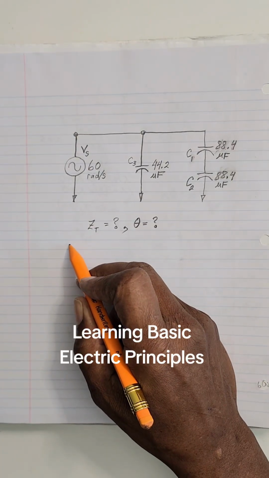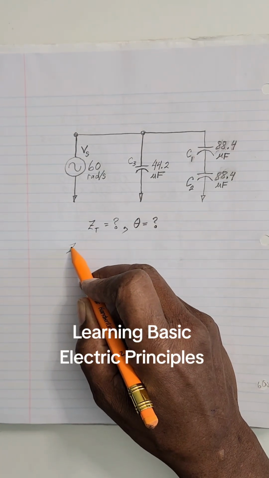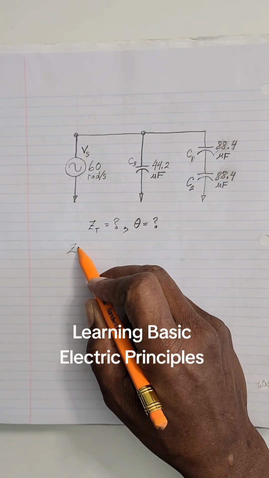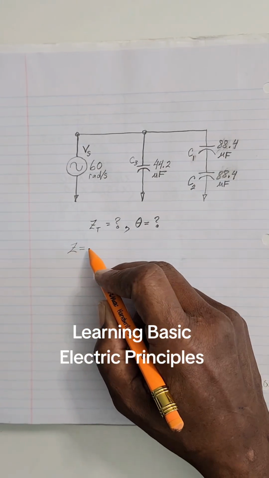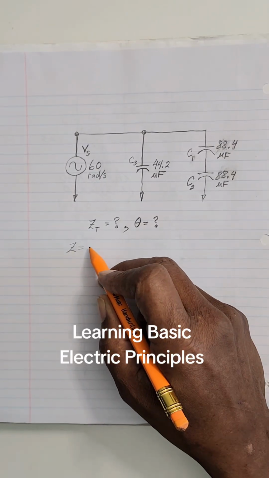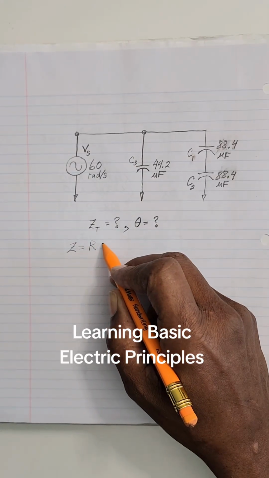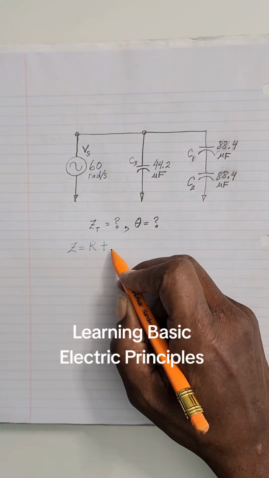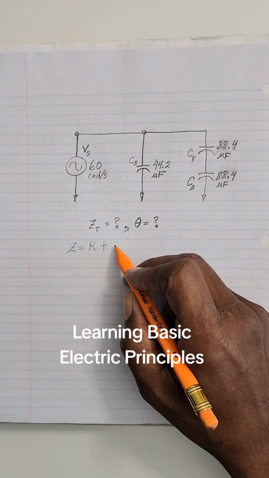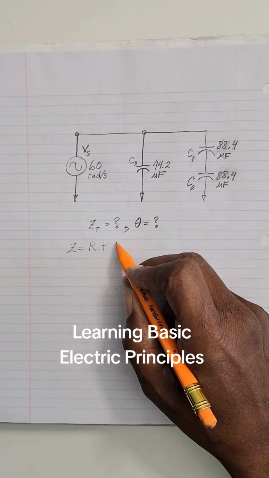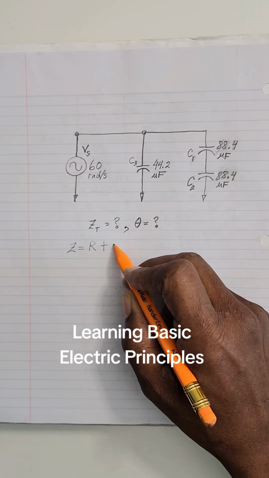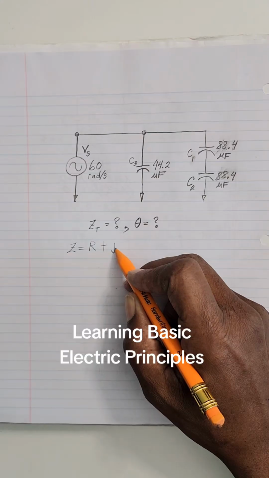So Z, the impedance itself, is equal to the resistance, which is on the real axis, plus the reactance.